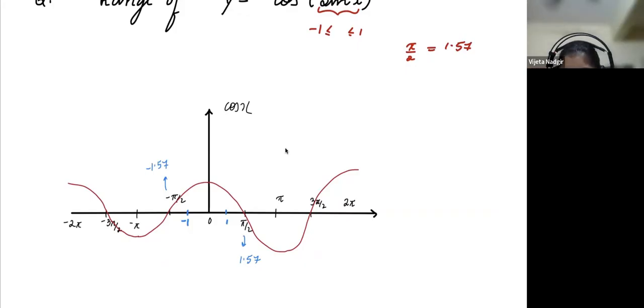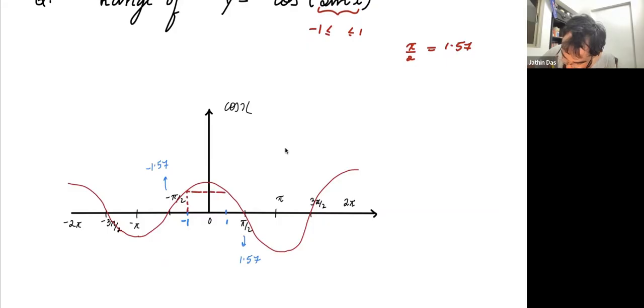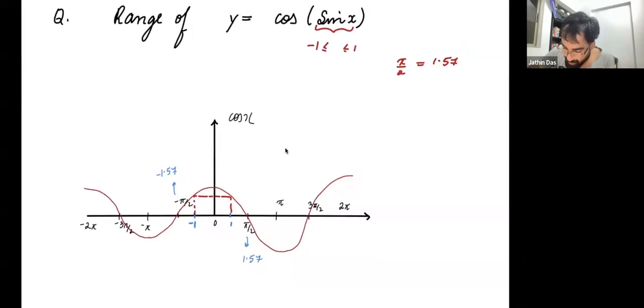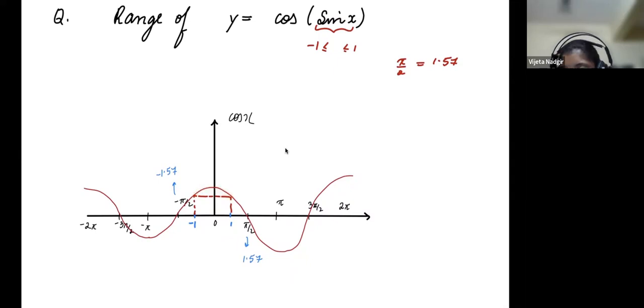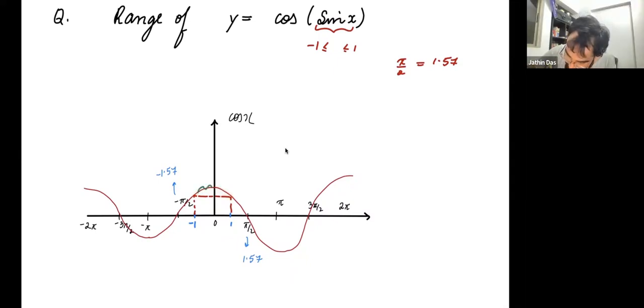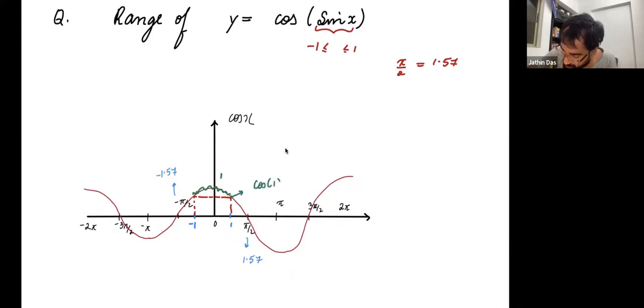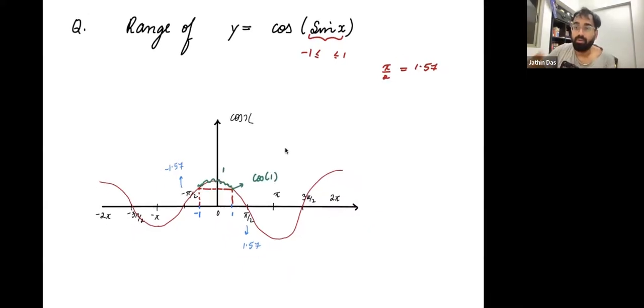Correct? So when you take it up, basically only this region is the whole curve of this. See? This region, that's it. You're getting? This is the whole region of the curve. And what is the range? Range is here 1. And what is this value? Cos of 1, where 1 is a radian.